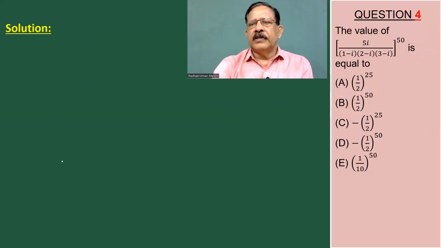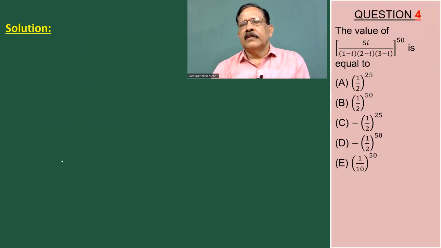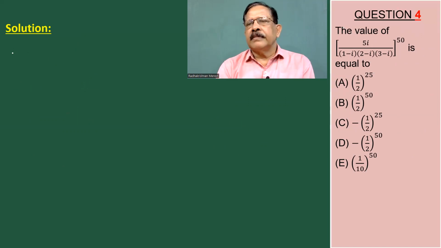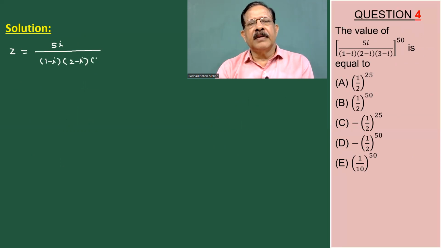Now the fourth question. You have to evaluate the given expression. Let us assume that the given expression is z. The numerator is 5i, and the denominator is (1 minus i) into (2 minus i) into (3 minus i), the whole raised to 50.